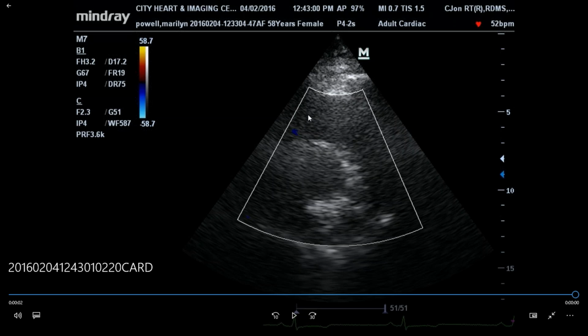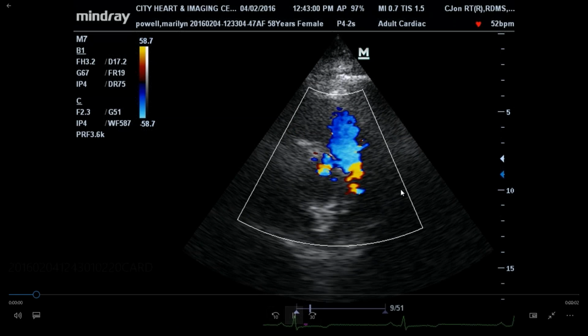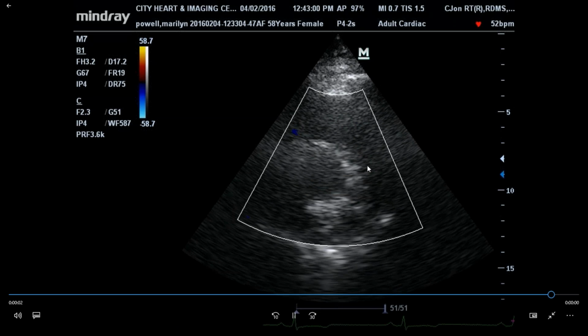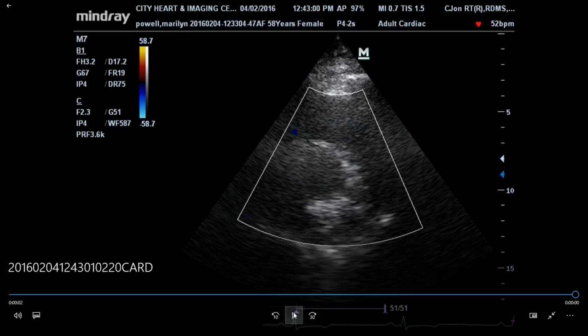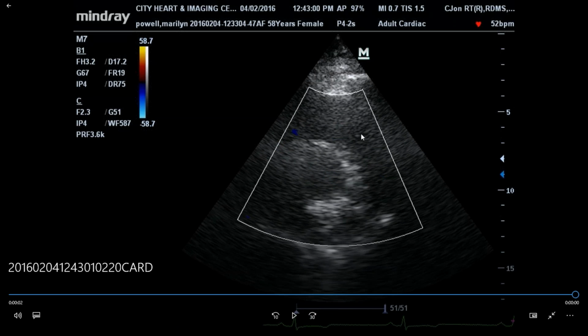We know that blood flows from the right ventricular outflow tract across the pulmonic valve into the pulmonary trunk. So the blood is actually moving away from the transducer, so it should be in varying shades of blue. But if you have a very keen eye, you see that there's a little jet, a red jet, in varying shades of red, right there.